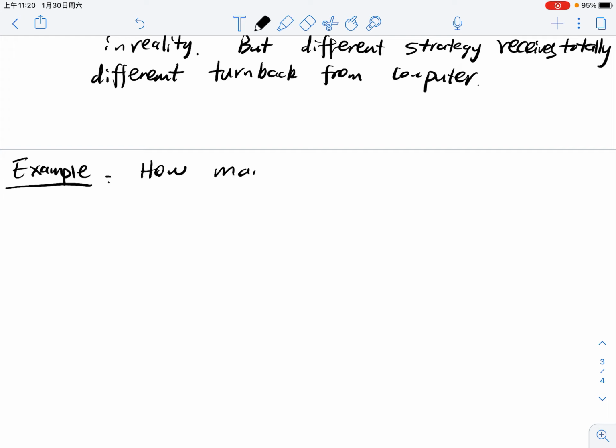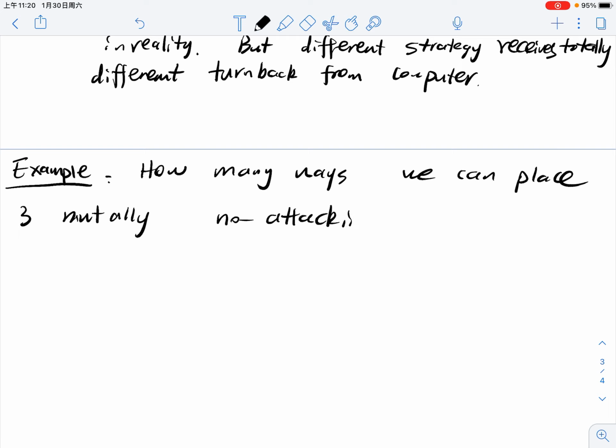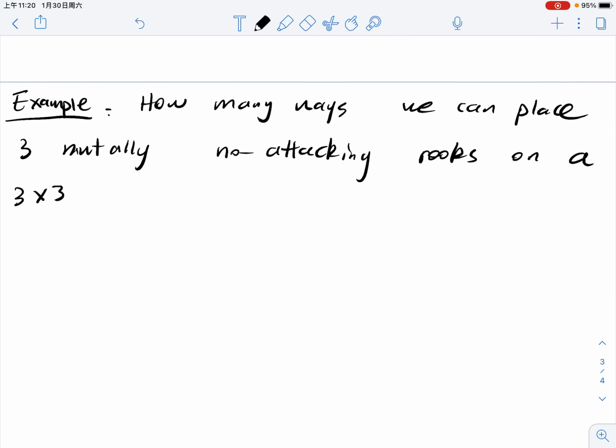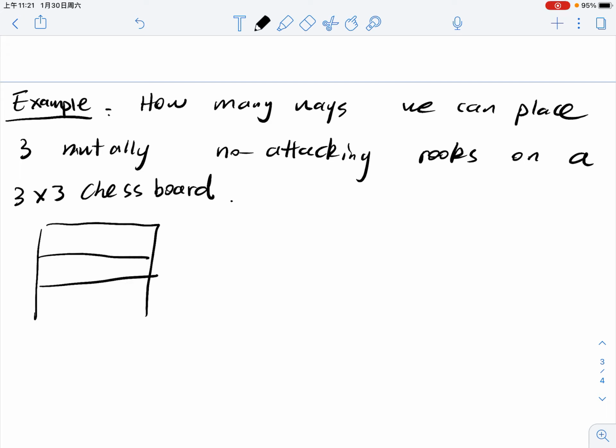So how many ways can we place 3 mutually non-attacking rooks on a 3x3 chessboard? But this is easy, and we can just draw the picture by hand.